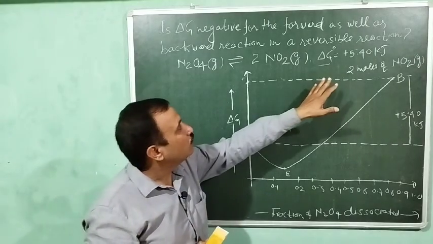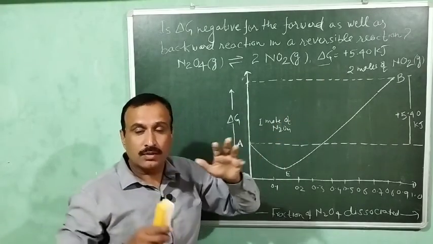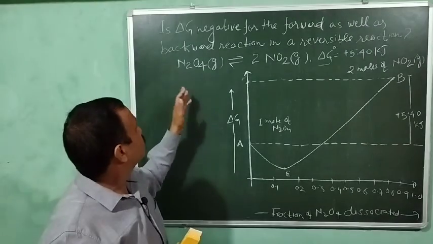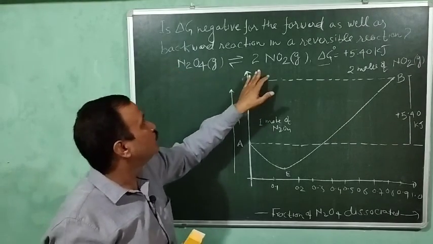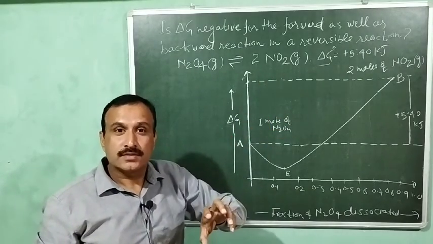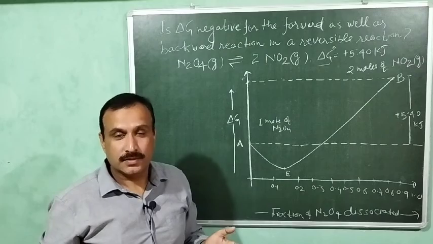So from this value of delta G naught, one might predict that the forward reaction, that is conversion of 1 mole of N2O4 into 2 moles of NO2, will be non-spontaneous under standard conditions.